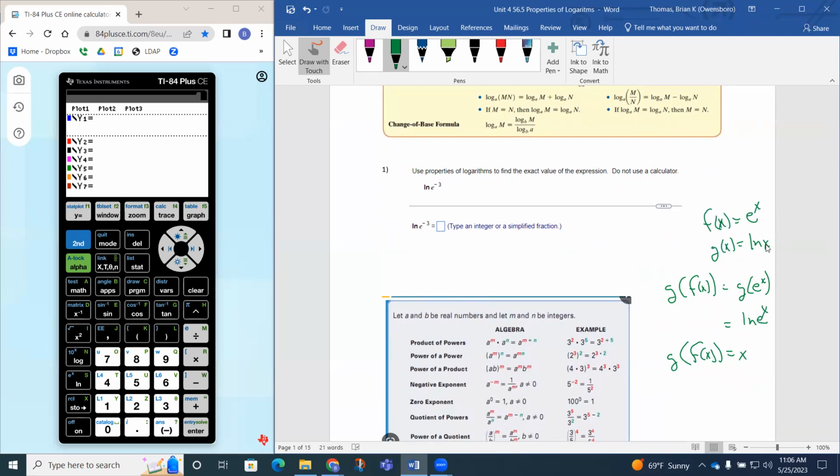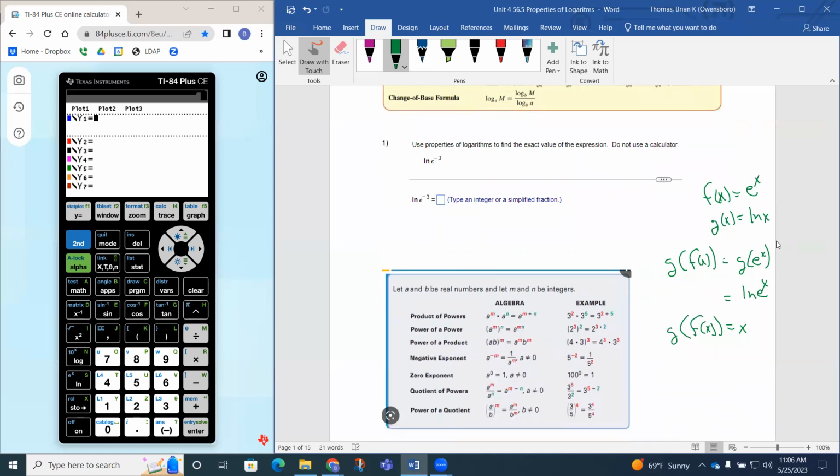So if we do a composite function of these, g of f of x, in other words, e to the x goes into the g function for x. We have g of e to the x, and this x gets replaced by e to the x. So we end up with the natural log of e to the x.